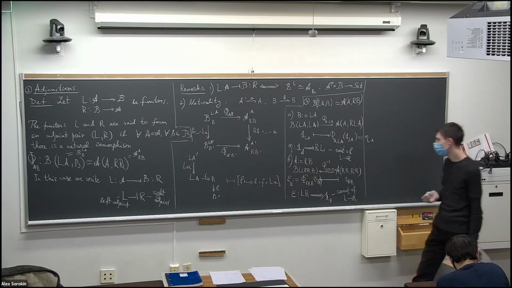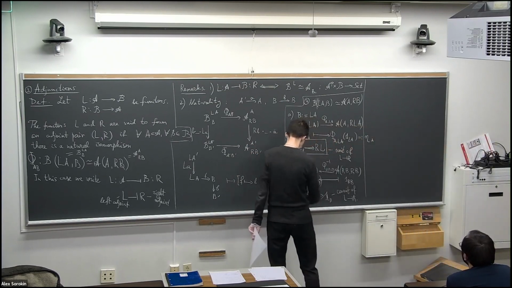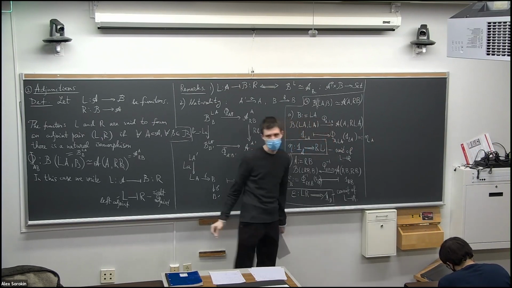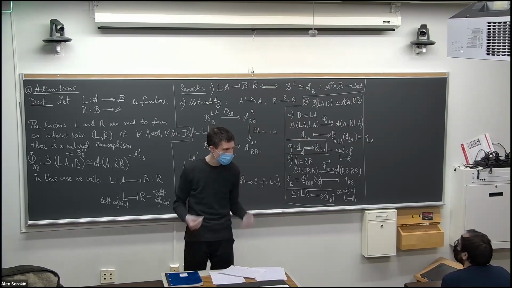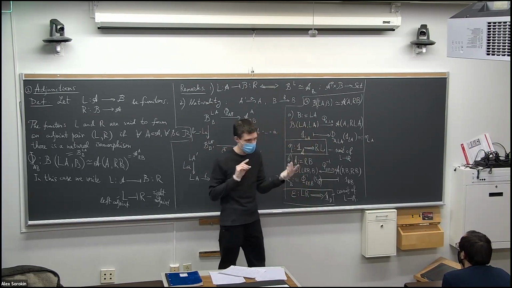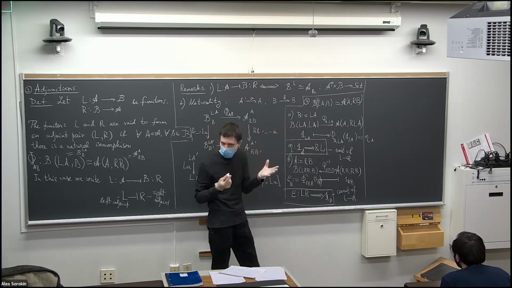How do I memorize and write unit and co-unit? So the unit is something real, it's the identity. The co-unit is like imaginary, like the number i in complex numbers, so it's something imaginary. And this is real.